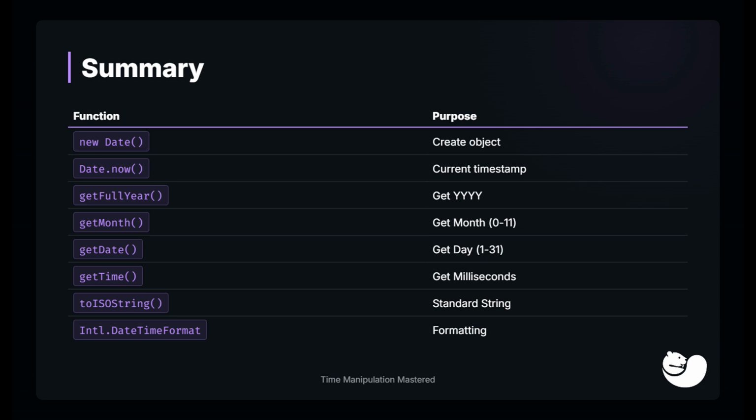We also established best practices for data exchange using toISOString, human-readable display with toLocaleDateString, and high-performance formatting with Intl.DateTimeFormat. Mastering these 12 functions transforms date manipulation from a source of bugs into a reliable, robust part of your development skill set.